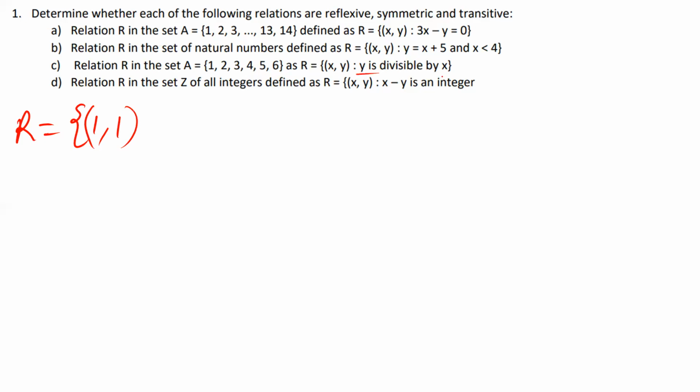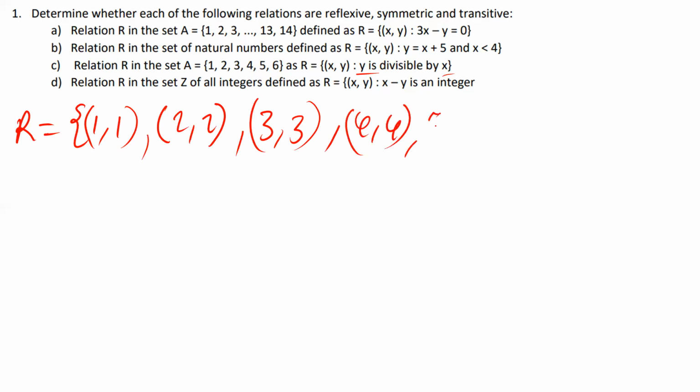It's also possible to find (2, 2), because 2 is divisible by 2, and (3, 3), because 3 is divisible by 3. It's possible to find (4, 4), (5, 5), because 5 is divisible by 5, and (6, 6), because 6 is divisible by 6. And this tells us the relation R is reflexive.